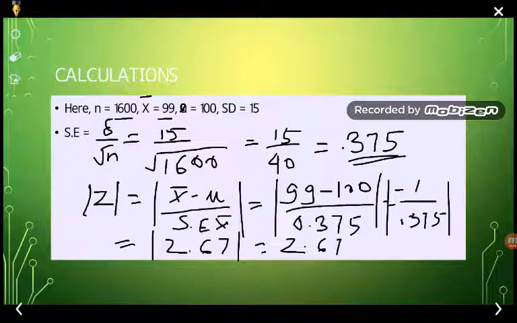So here we get the Z value, 2.67, where the SD is given.